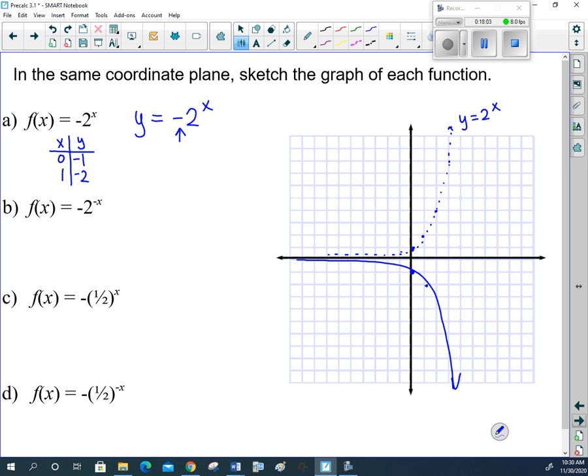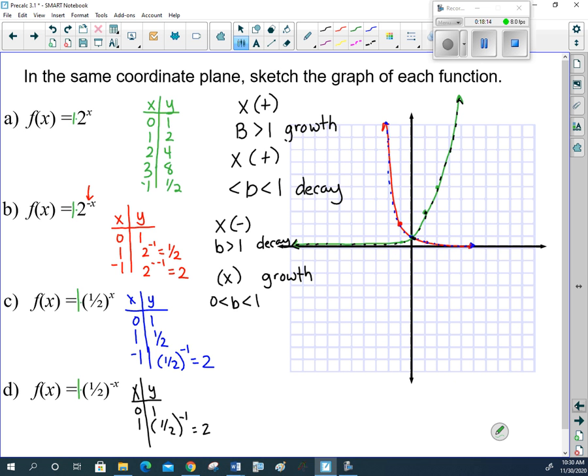Okay, so if we had negative 2 to the negative x power, let's just flip back to that other slide. You probably have it there in your notes. That one was our red one, so that was our decay. So if we're going to reflect that, then that is going to come down.